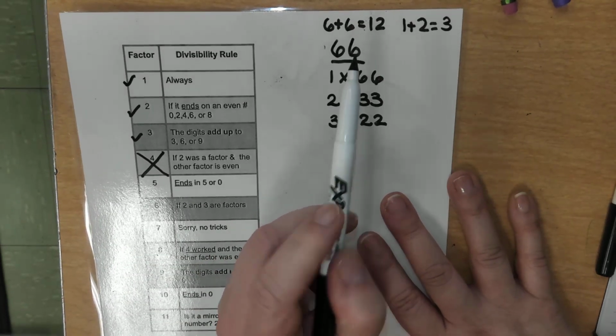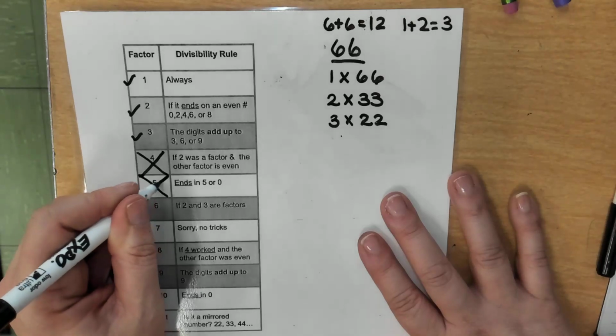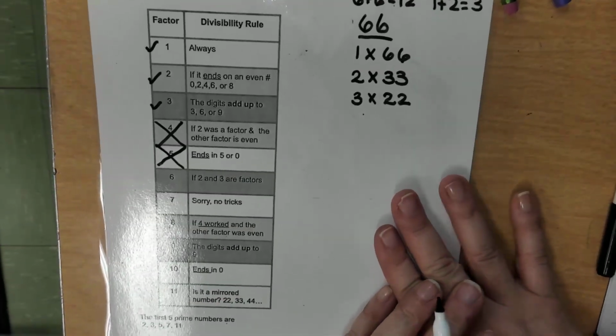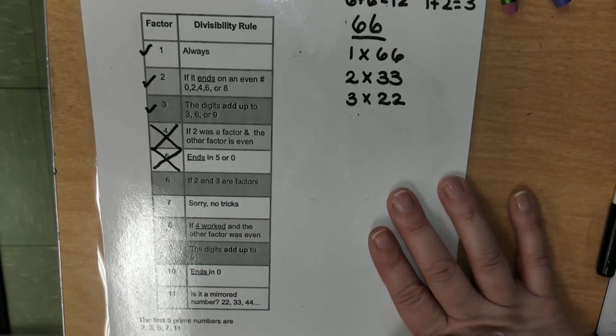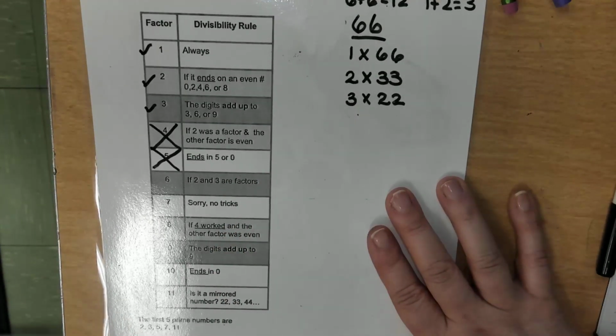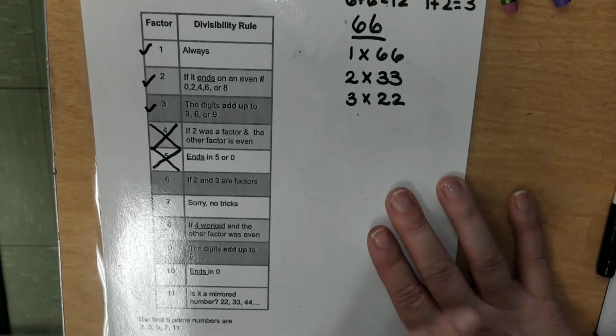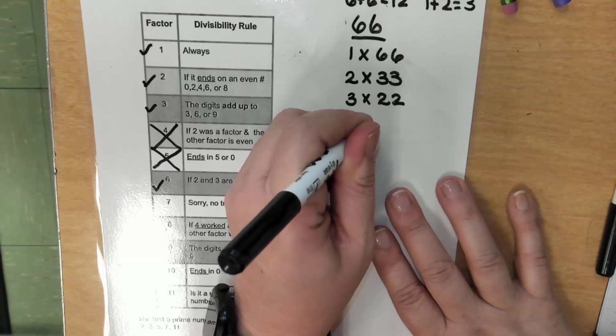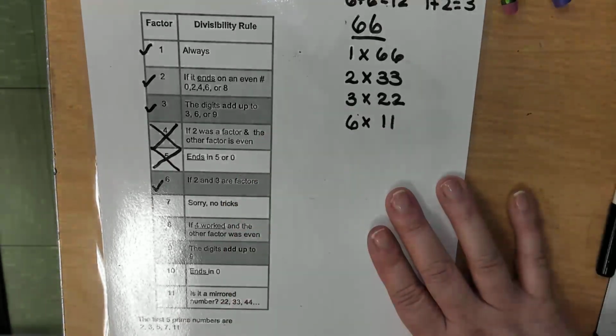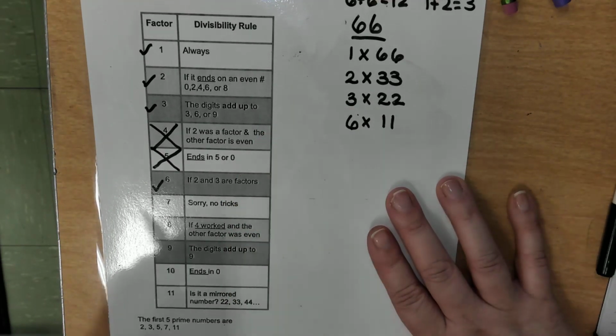The number ends in 6, so 5 is not a factor. If 2 and 3 are factors, and 2 was a factor, 3 was a factor, so 6 is going to work. 6 times 11 makes 66.